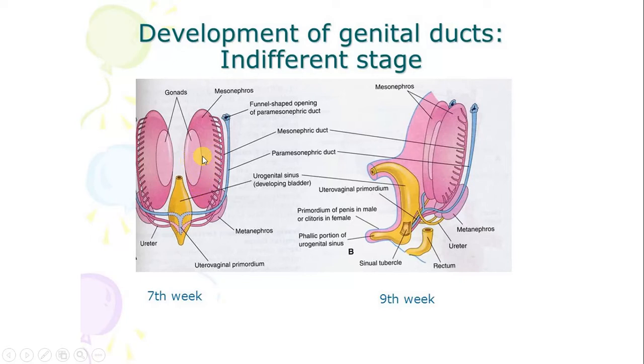But if it is going to develop, all the ducts are present here. Paramesonephric duct, which leads to female development, and mesonephric duct is there, and the allantois is there, urogenital sinus, developing a bladder. Here we cannot say that it will develop into male or female. So all the ducts are present.